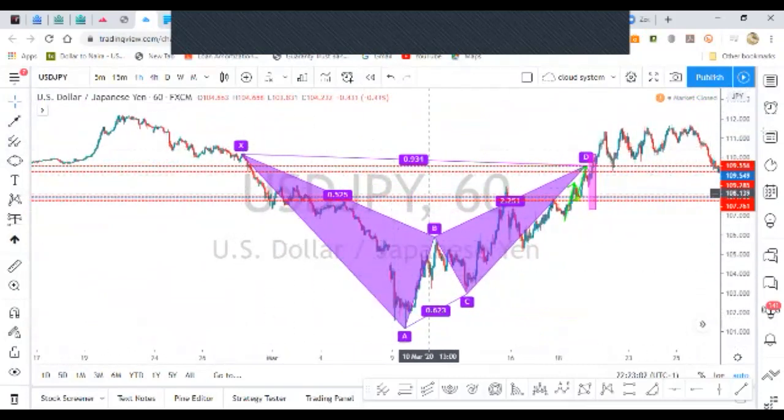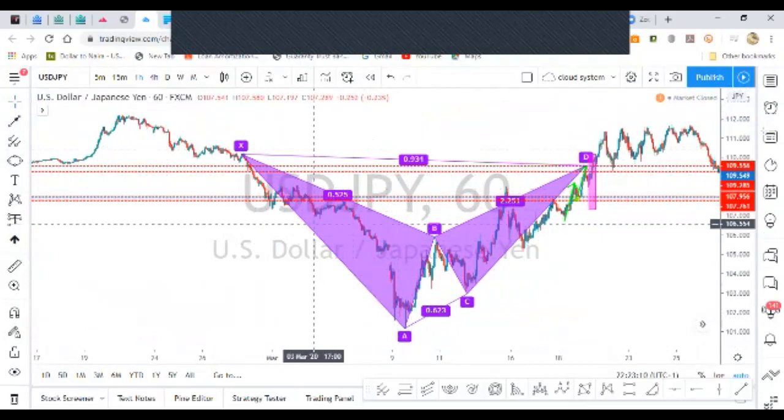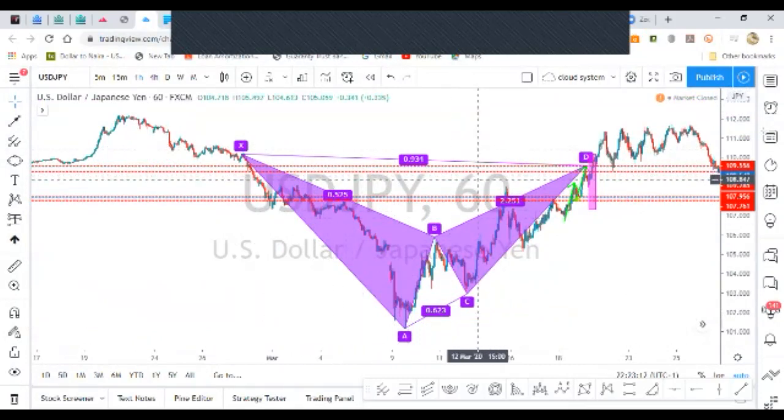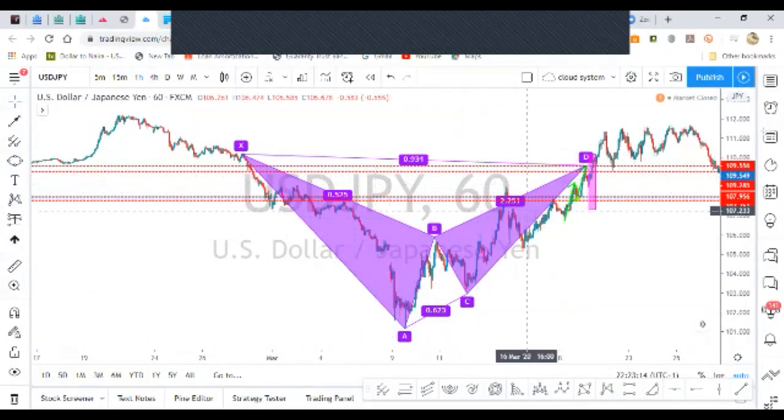These two lines that I've drawn, did price come to this point at any point in history and turn back?